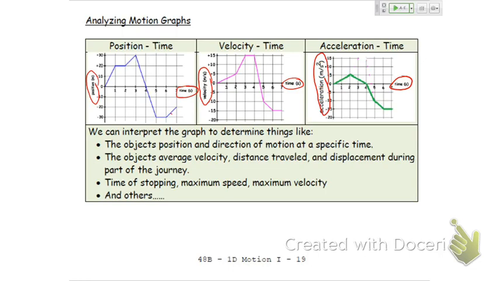I'm no longer going in a positive direction, and now I'm going in a negative direction. I know I'm going in a negative direction because that's a negative velocity. Stationary again. Positive velocity. When do I return to my starting point? What time? 4 seconds, because I'm back at 0.